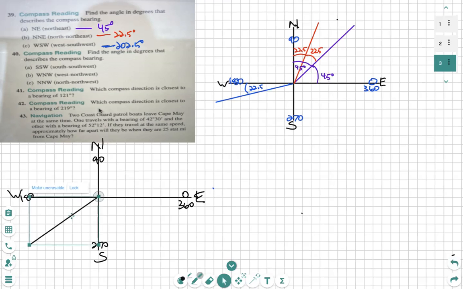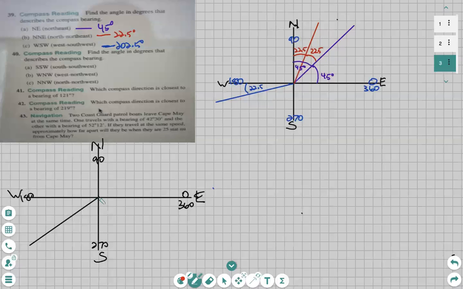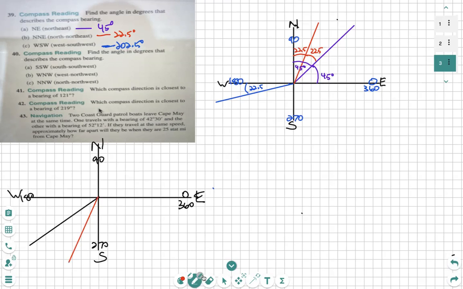We know southwest is in between south and west. So we are this exact value right here, which we know is 22.5. So we can just take 270 minus 22.5 to get our angle of 247.5 degrees.